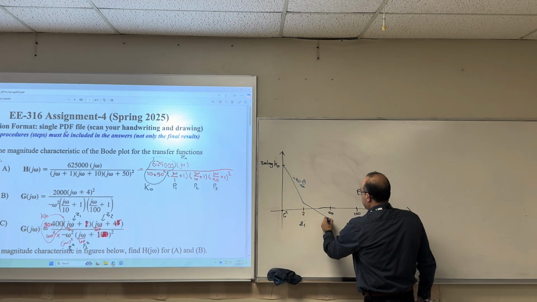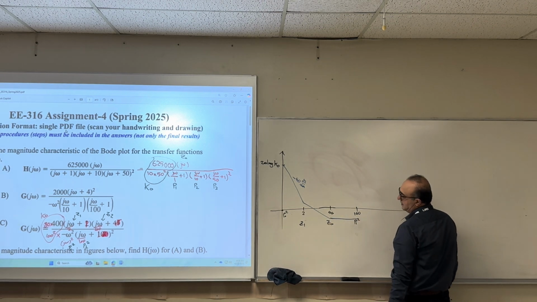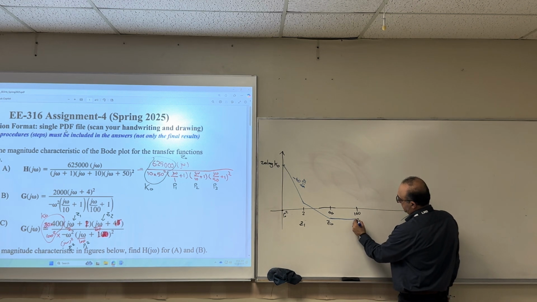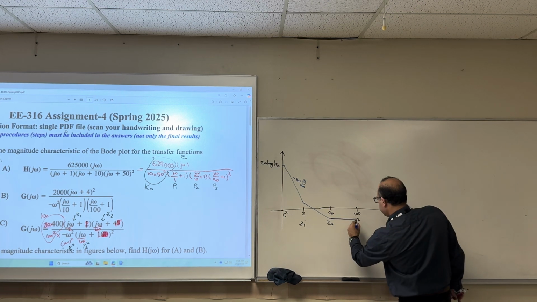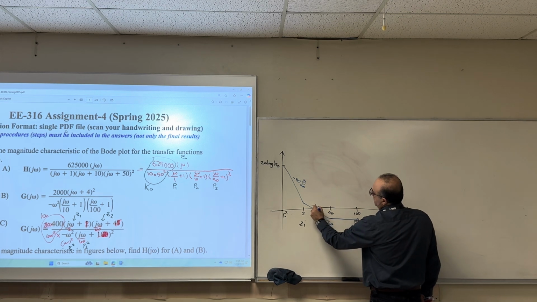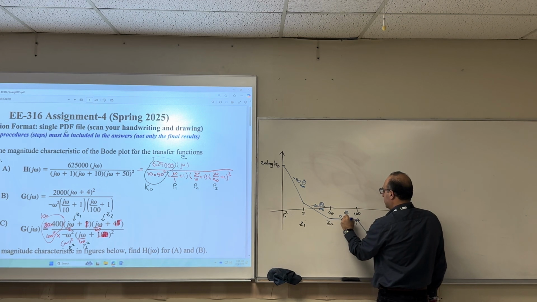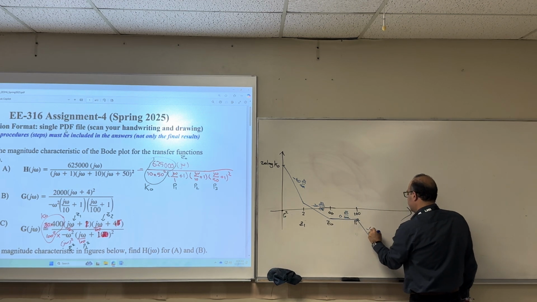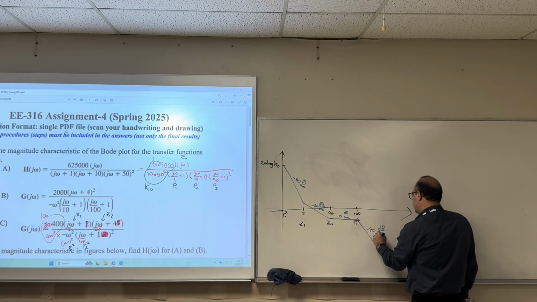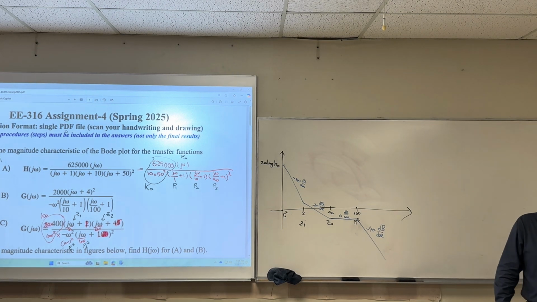It's going to be up to here. And after that it's going to be flat. And after this 200 like that. It's minus 20 dB per decade, 0. Minus 40. Done? Easy?